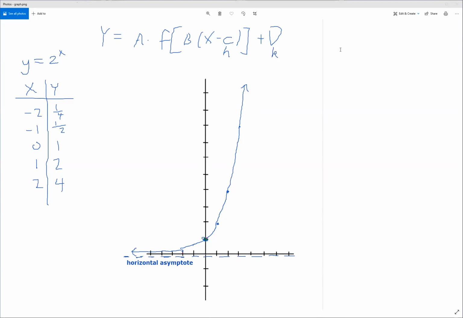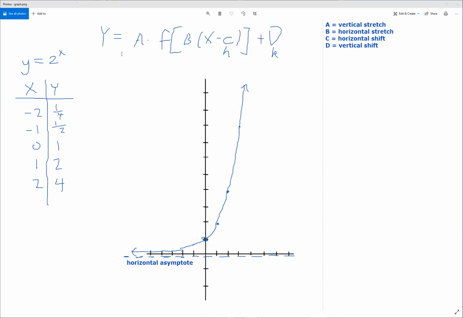But what we remember about these is that a is the vertical stretch factor, b is the horizontal stretch, or compression would be more accurate, c is the horizontal shift, and d is the vertical shift. And it's important to recognize all of those things and how they behave because we're going to start using them.